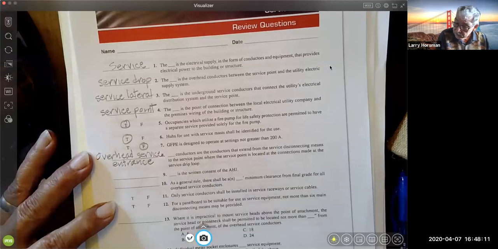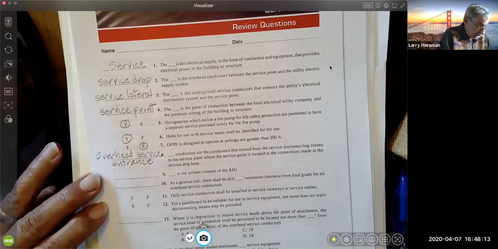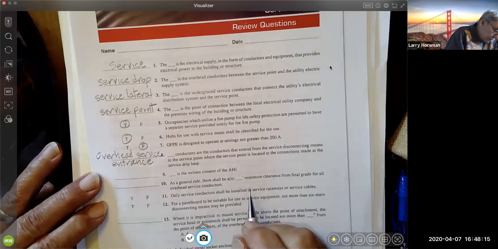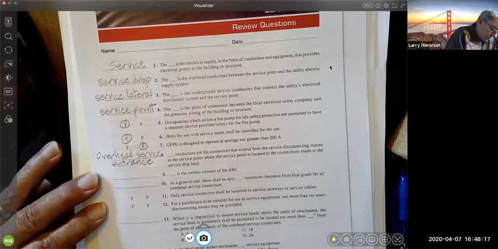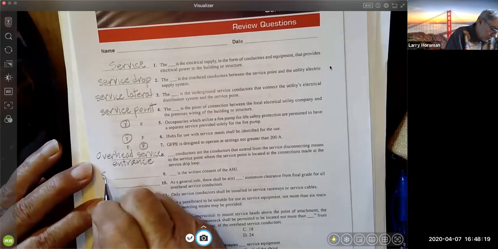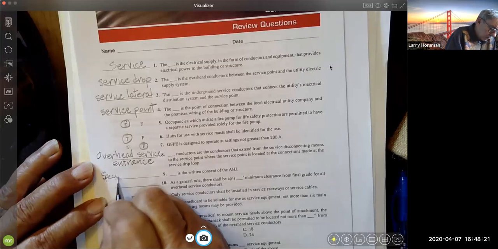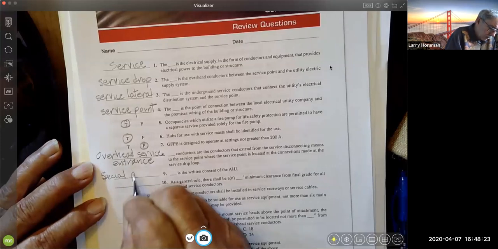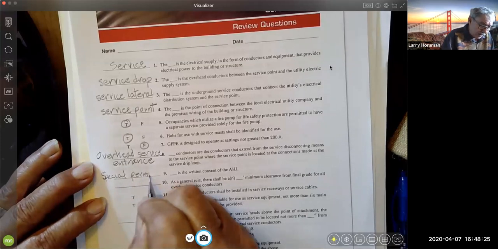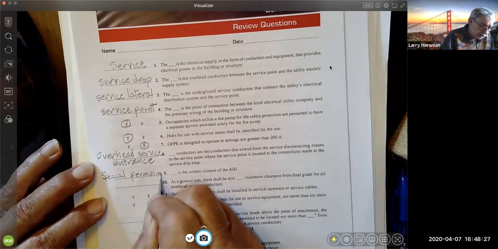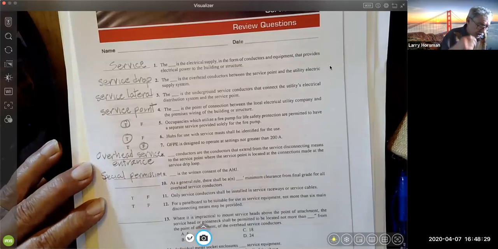Number 9, special permission. Is the written consent of the authority having jurisdiction or the AHJ.